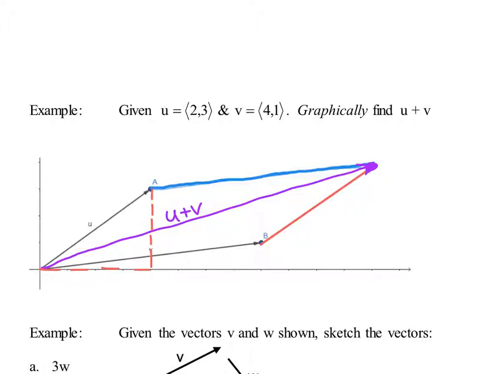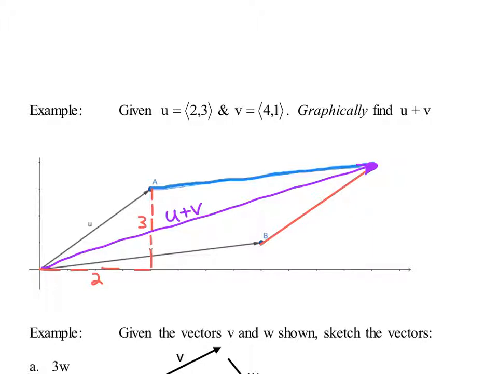Vector U has components 2 and 3, which means it's a horizontal movement of 2 and a vertical movement of 3 to get you from the origin to that location. So 2 and 3. So I can do the same exact movement from the end of vector v, which is at 4, 1.